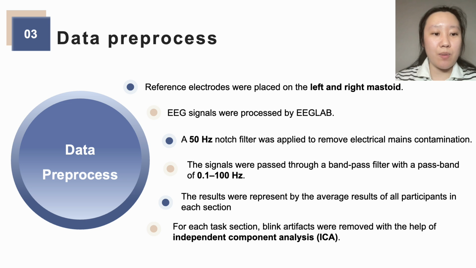And then signals were passed through a bandpass filter from 0.1 to 100 Hz. The result was represented by the average results of all participants in each section. And for each task section, because we have two, one is semantic memory and one is episodic memory, the blink artifacts were removed with the help of ICA.